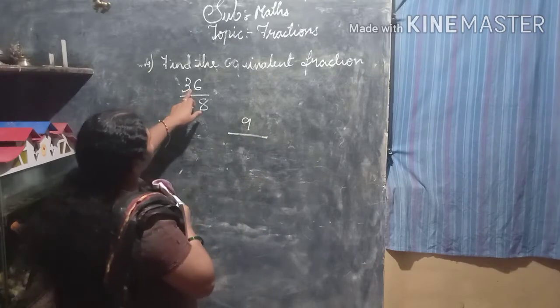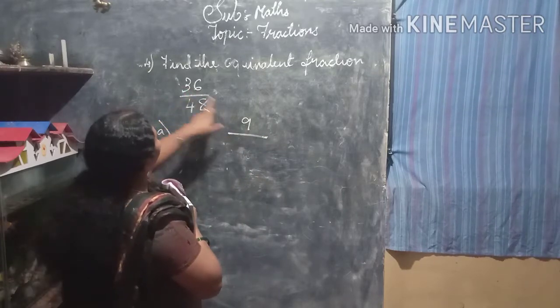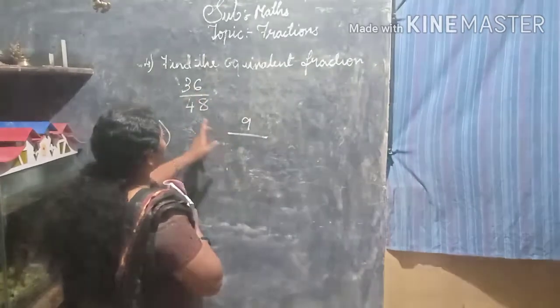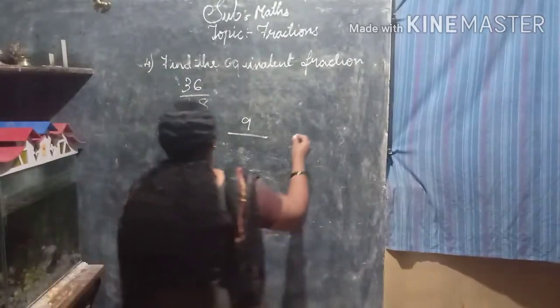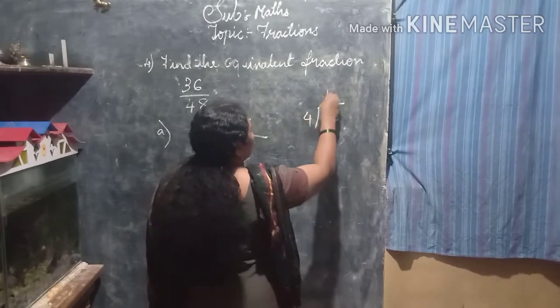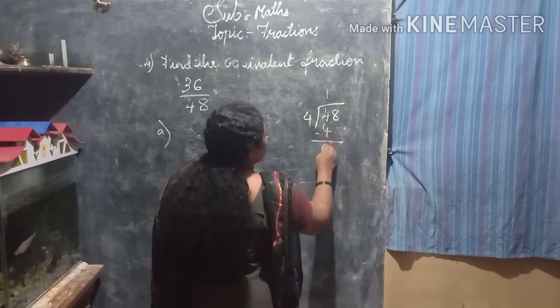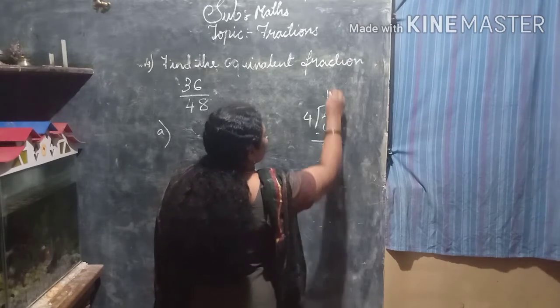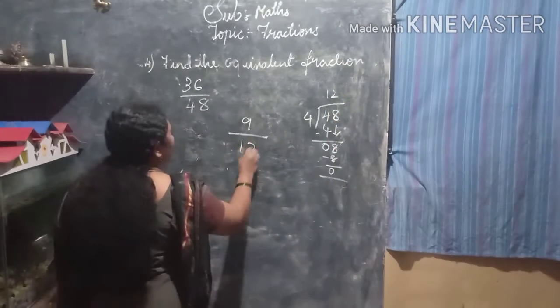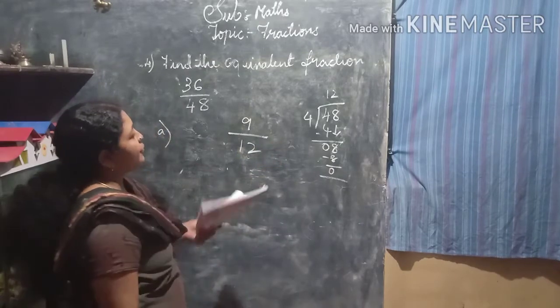See, 9, which table will go in 9? 9 fours are 36. Isn't it? 9 fours are 36. And we have to see which number will go in 48. So, take 4. 4 twelves are 48. Therefore, 9 by 12 is the answer for the first one.